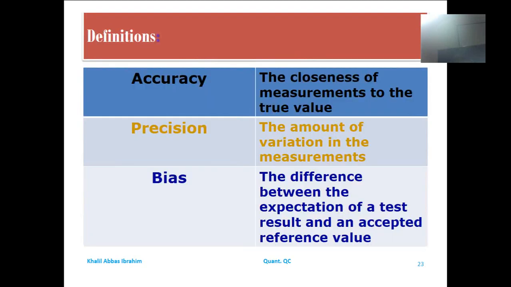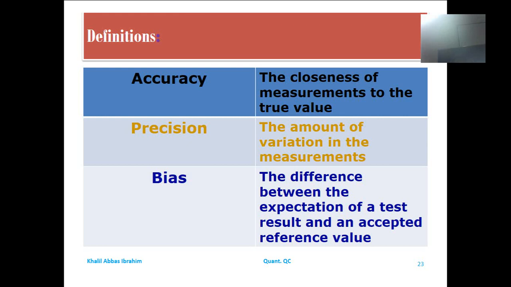Accuracy is the closeness of measurements to the true value. Although it is sometimes difficult to define the true value exactly, you can assume where the true value logically might lie.